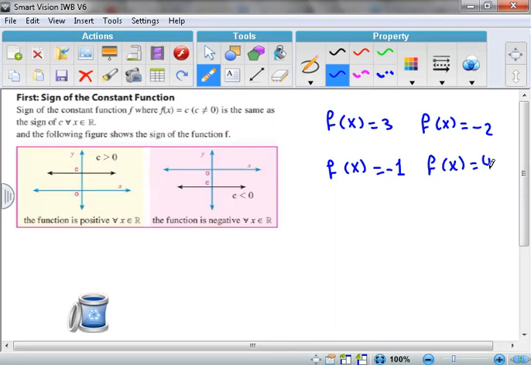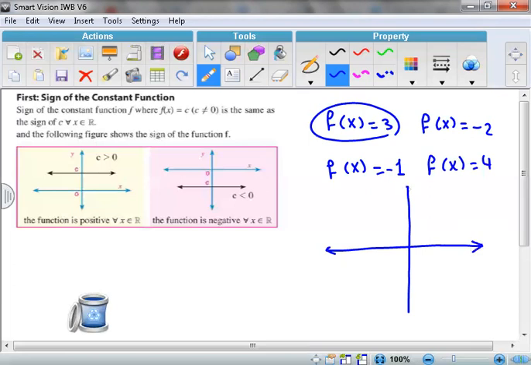If you want to graph f of x equals 3, what do you do? You graph the coordinate from the point 3 on the y-axis and draw a straight line parallel to the x-axis. Then where does the function lie, in the positive or negative part? Positive part.